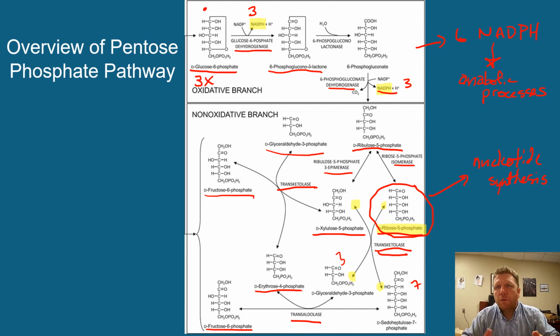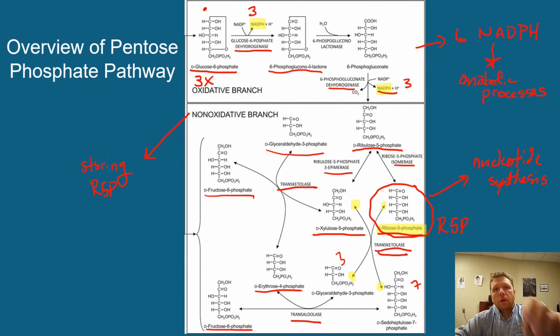The way that I've always thought about this is it's almost as if this non-oxidative branch is a good way of storing something. And it's a good way of storing, and I'm going to label this R5P, it's a good way of storing our R5P, but not as ribose 5-phosphate.